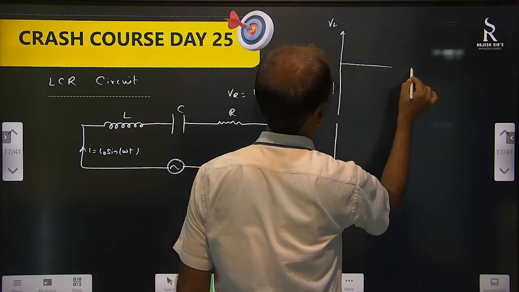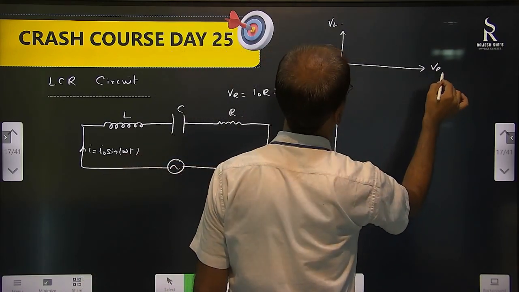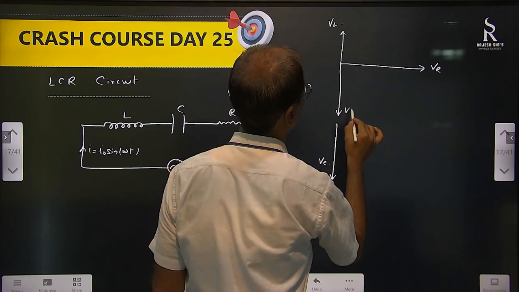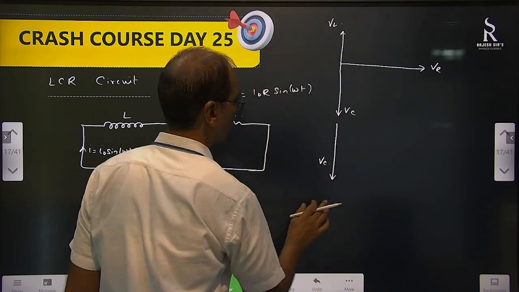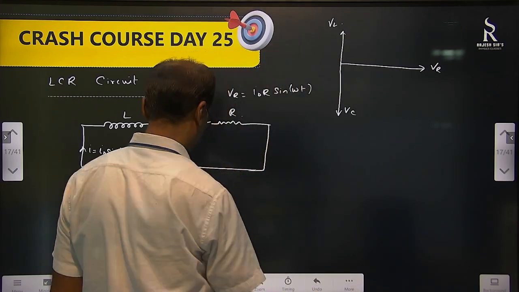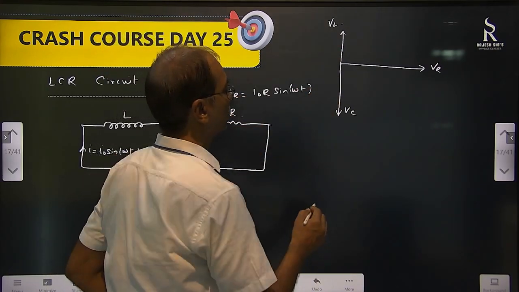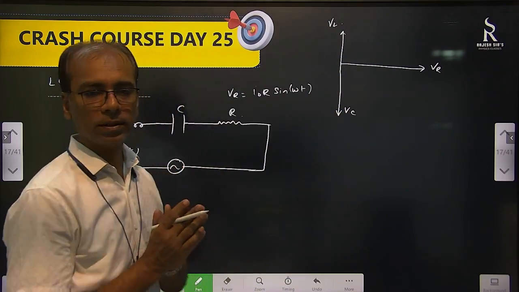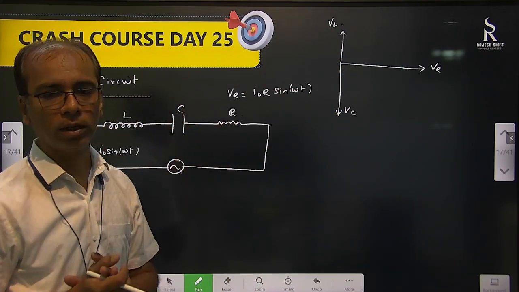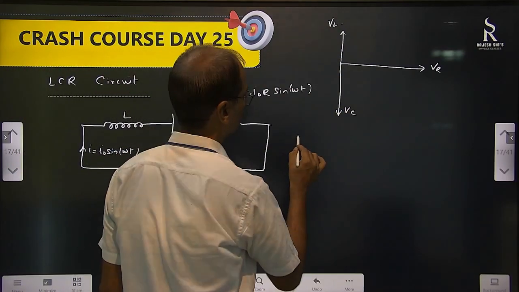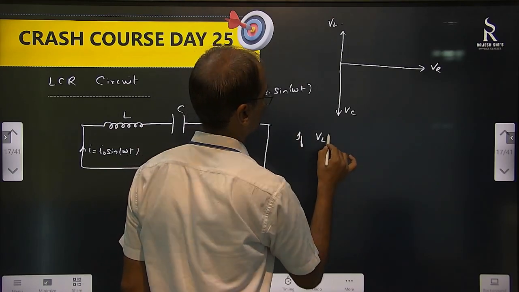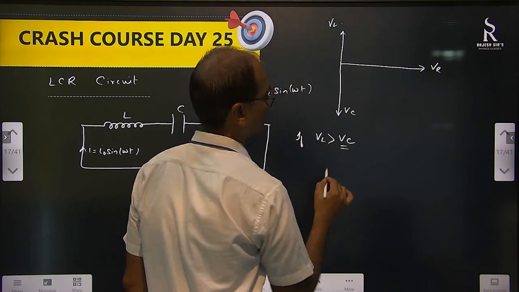This is VR and this is VC. Now combine. These two are 180 degrees out of phase. In this one also there are two different ways we can make it. If VL is greater than VC, possible? Then what will you do?